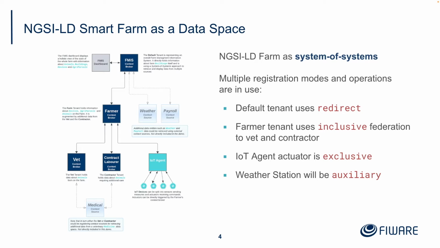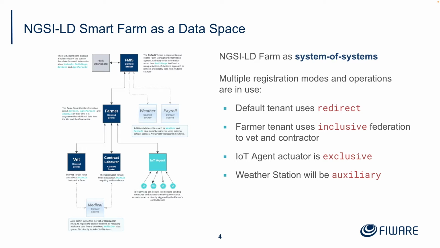actuation. Now, potentially we could have a hierarchy which would involve many more systems in this scenario. The demo doesn't cover them directly, but you could imagine, for example, that the vet and the contract labourer require medical information for the animals.